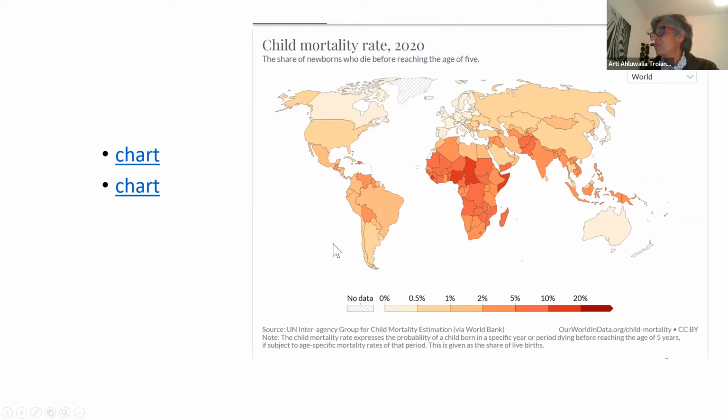There are some countries in which we really are way higher than the SDGs call for. The SDGs call for an end to preventable deaths of newborns and children by 2030, and we would like to reduce this to 2.5%. But as you can see, in many countries in the world, we're nowhere near that.